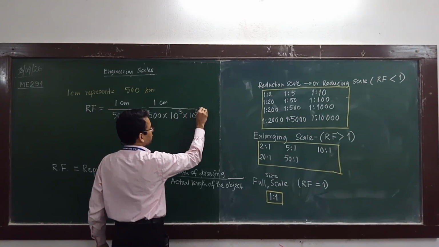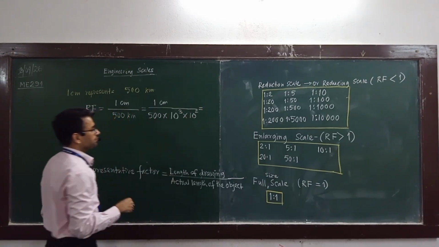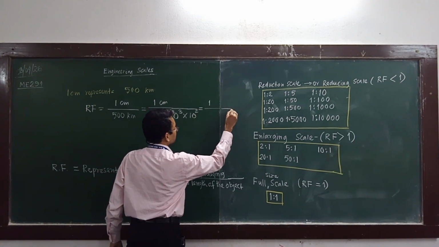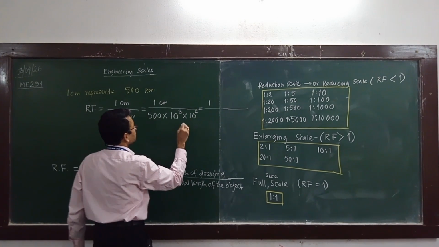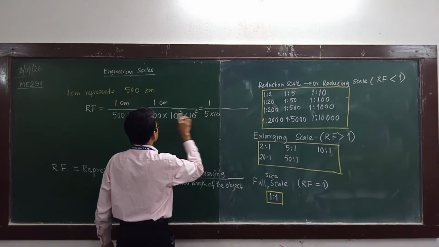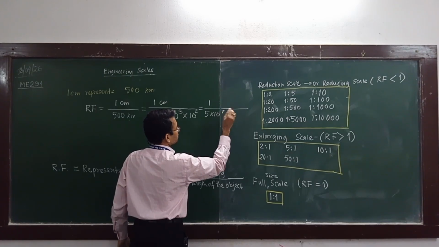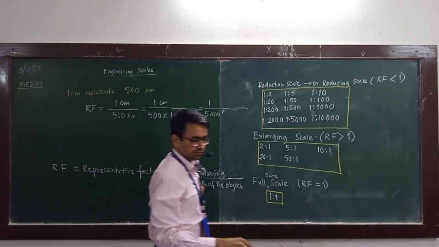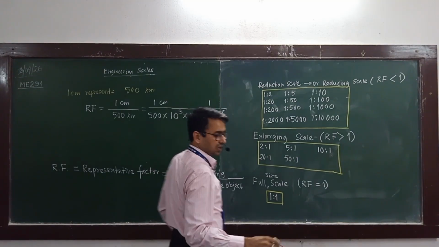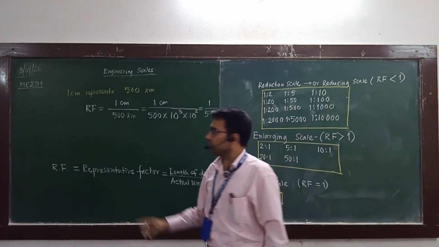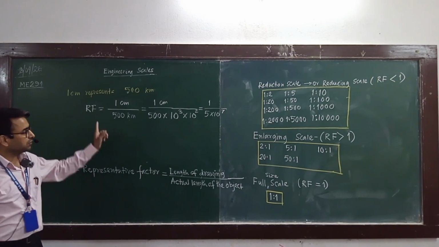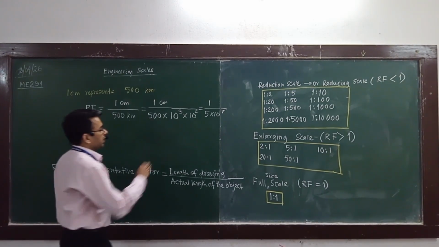So what is it therefore? 1 by 5 into 10 to the power 7. So this is the RF. If the value is given like this, you can calculate what the RF is.